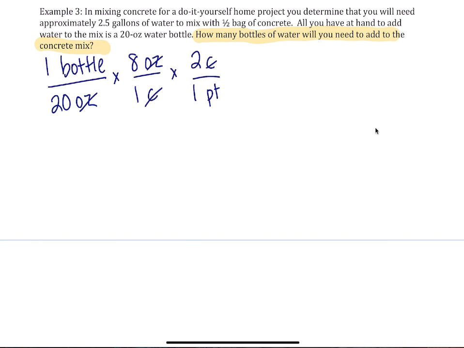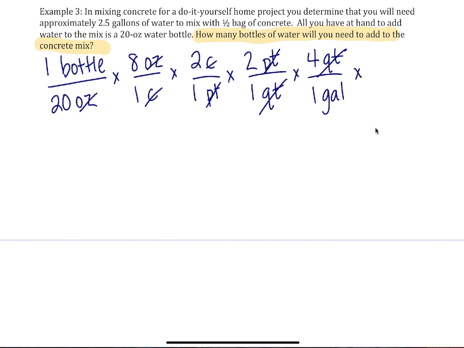Now I'm in pints, still not to gallons, but I know that there are 2 pints in 1 quart. So now I've gotten the pints to cancel. I'm almost there. There are 4 quarts in 1 gallon. So I can convert my bottle into how many gallons it gives me.